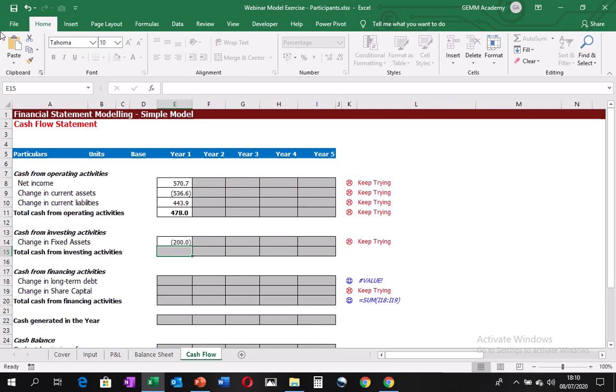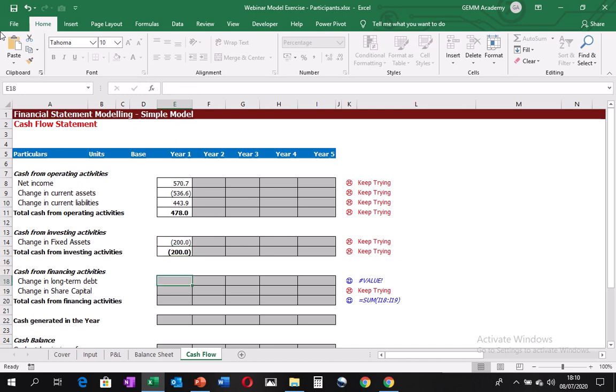Now, under cash from investing activities, we could also have investment in subsidiary, investment in shares, and the rest of it. But the only one we have here is in fixed assets. So we'll do a sum of the cash flow from investing activities, which will give us that value.